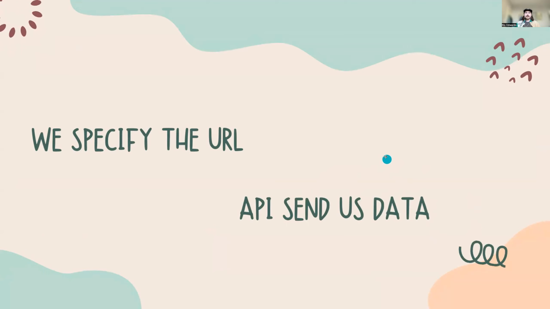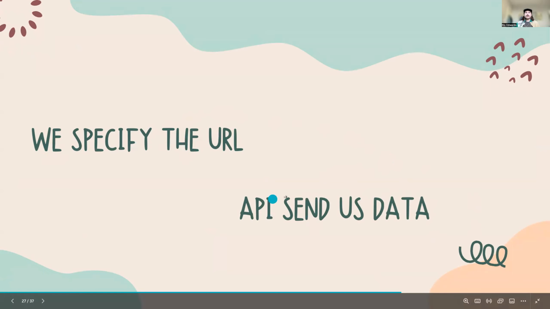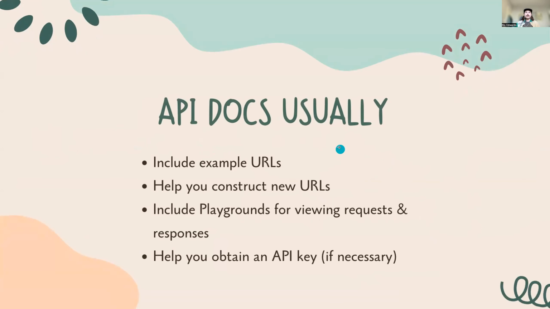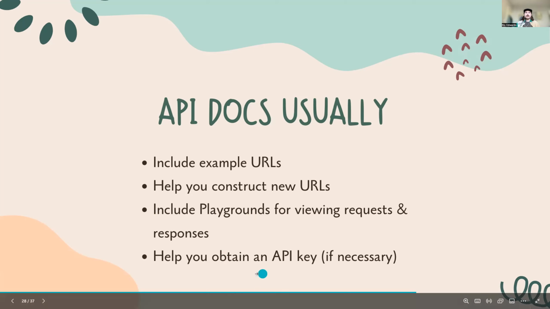So the basic idea, if we just zoom out: we specify a URL and then send a fetch request to the API, and the fetch request sends us back data. The URL is what determines what data we're going to get back. API docs give us some guidance. They usually include example URLs, help you construct new URLs. They include playgrounds for viewing requests and responses, and help you obtain an API key if necessary.